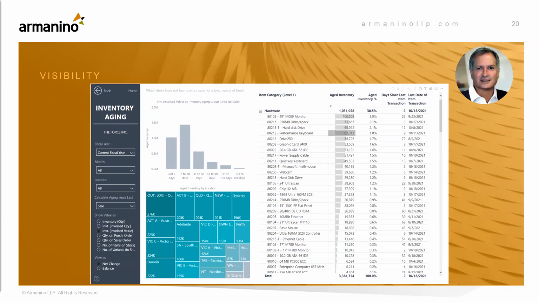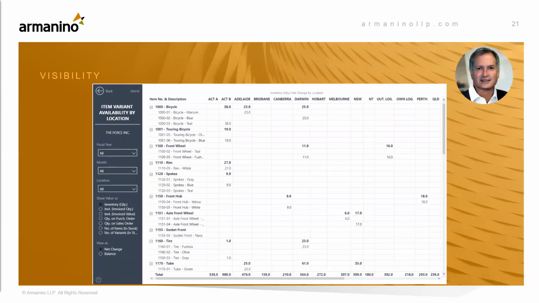So let's take a look at the next one here, which is another Power BI report. And this looks like an Excel spreadsheet, but it's not, it's Power BI. And it's looking at inventory, but it's exposing another part of the inventory items in Business Central called variants. So for any item, for example, the first one, there's a bicycle. I can have different colors of bicycles, right?